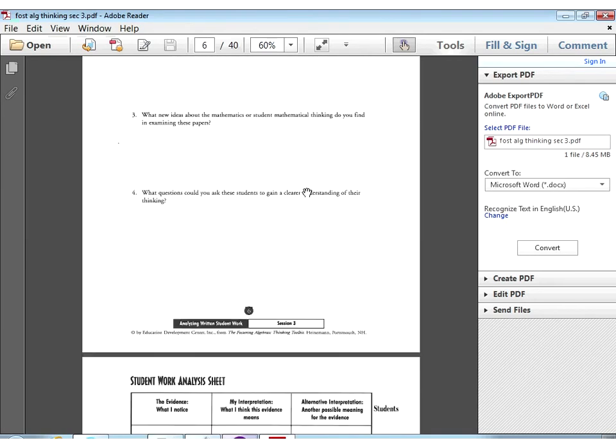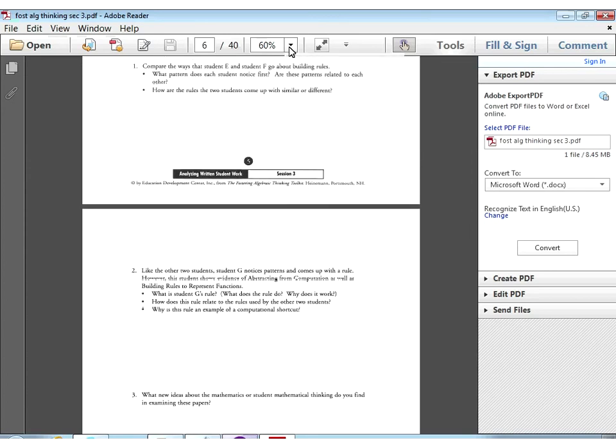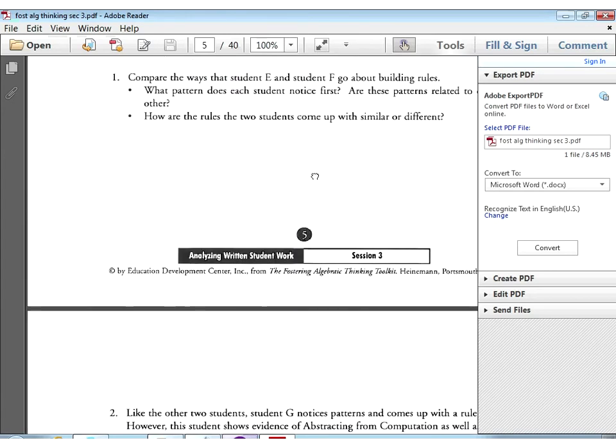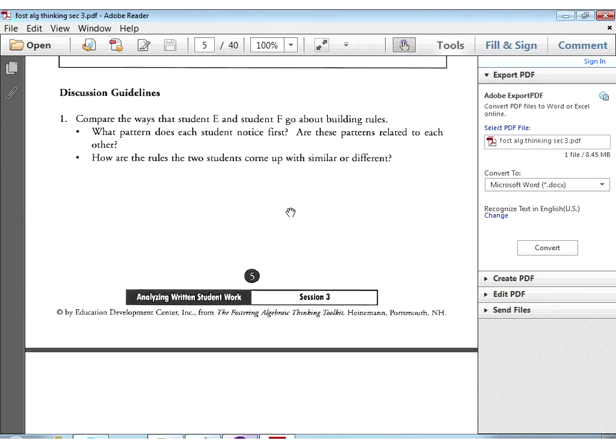So you're looking at filling out the student work analysis sheet, thinking about these questions.